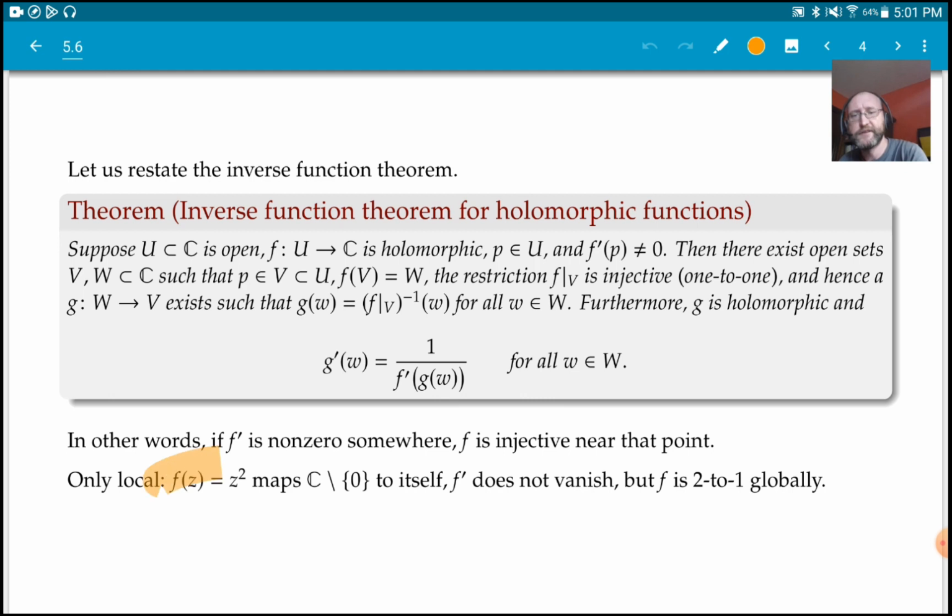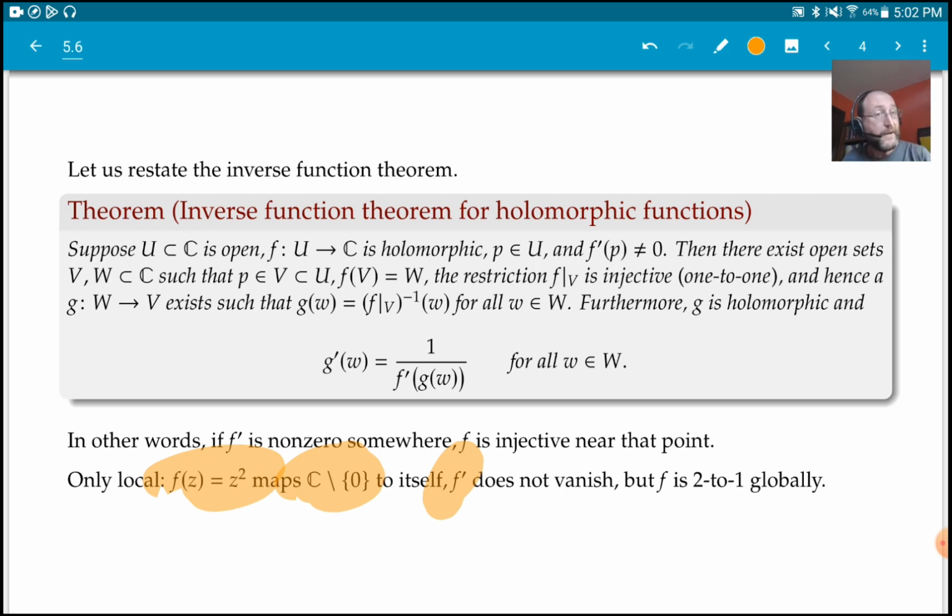So if we have the function z squared, that takes the punctured plane to itself, and f prime never vanishes on the punctured plane. It vanishes at 0, but if we're interested in the punctured plane, then it never vanishes, because the derivative is 2z, and that's only 0 when z is 0.